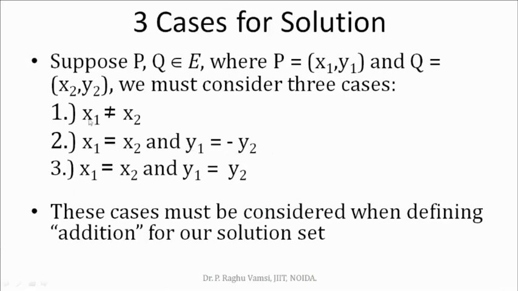And if x1 is not equal to x2, how are we supposed to add? So there are three cases, and you are supposed to check these three cases and perform the addition based on them. These cases must be considered when defining addition on our solution set.